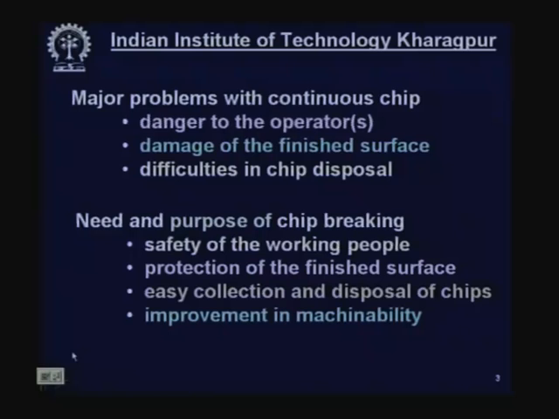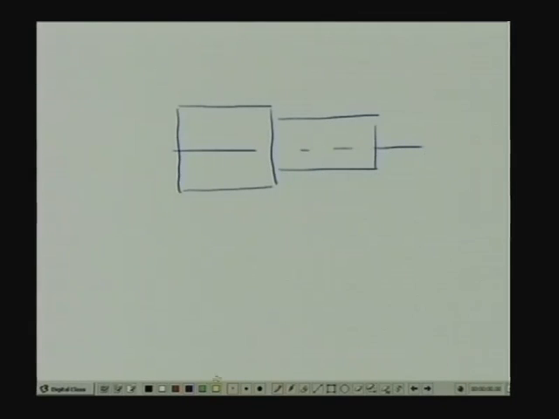Before I go into this, let us have a look into the necessity of chip breaking. Suppose this is a job going to be turned, a rod being turned by a cutting tool like this.